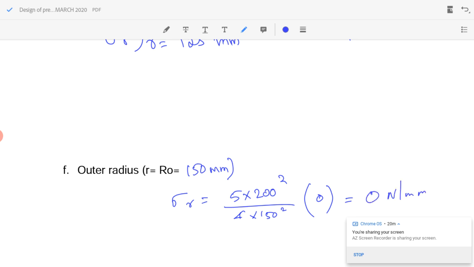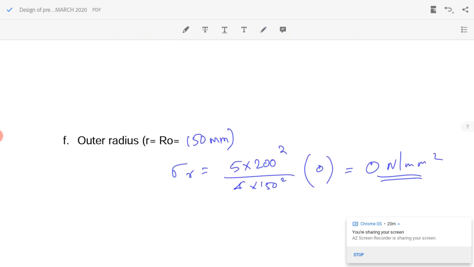So there is no radial stress at the outer radius. This completes our question.